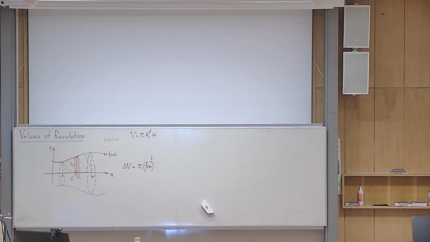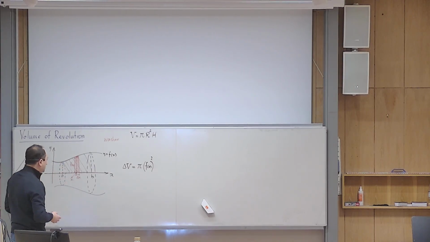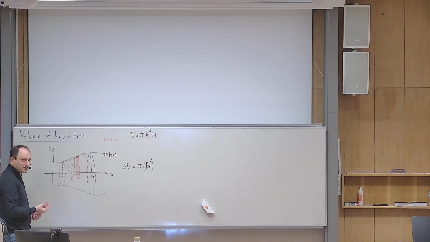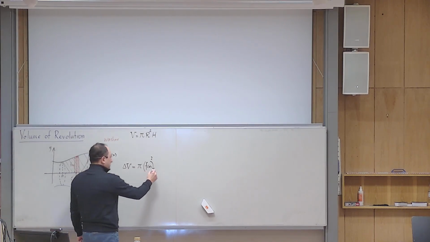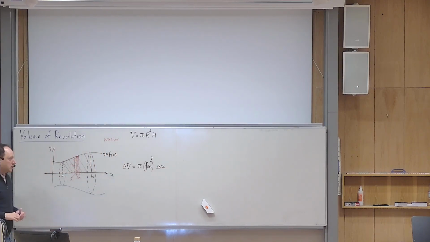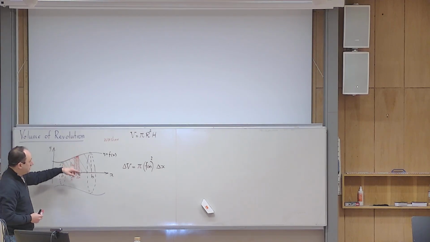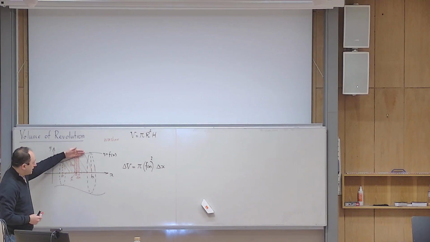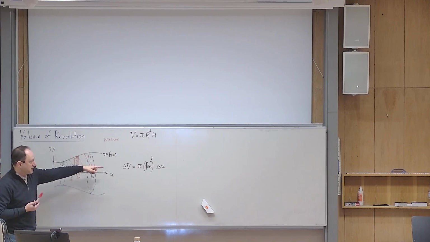H will be the height, which part is going to play the role of the height or the thickness? Yeah? Delta x. So I just multiply it by delta x. Okay? So if I ask you what I have calculated, this is, by the way, exact. If you are interested in calculating the volume of this rectangle being rotated about the x-axis, this is the exact value.